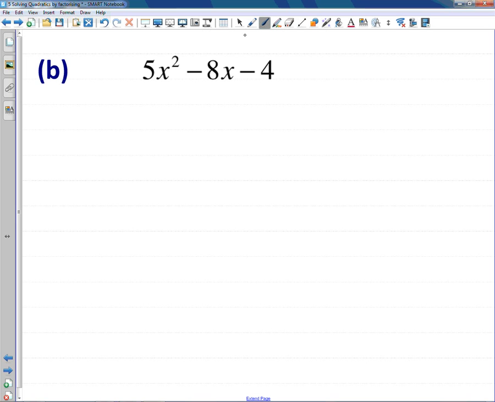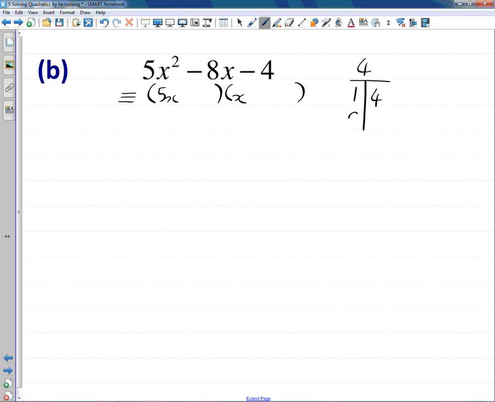Looking at this one, we're not going to use the algorithmic method, which I'm going to go on to discuss later, because there's really only one combination that would work if this does factorise over the integers, and it's the one here. 5 is prime, so that's the only way that we should be getting the 5x squared. 4 is not terribly divisible.